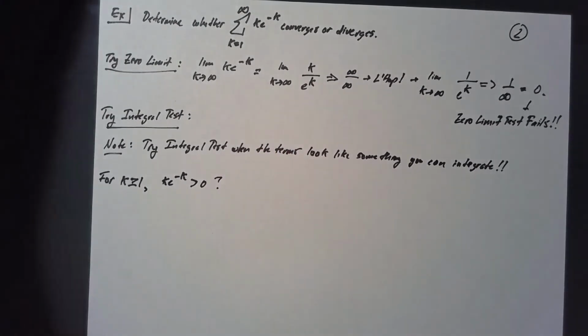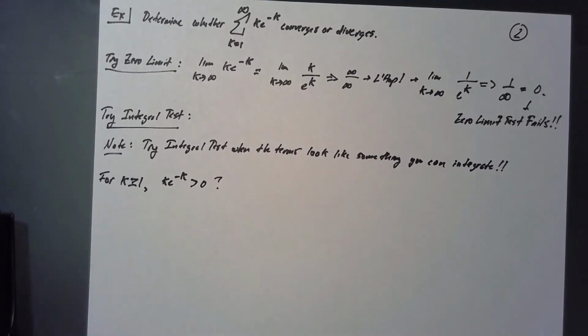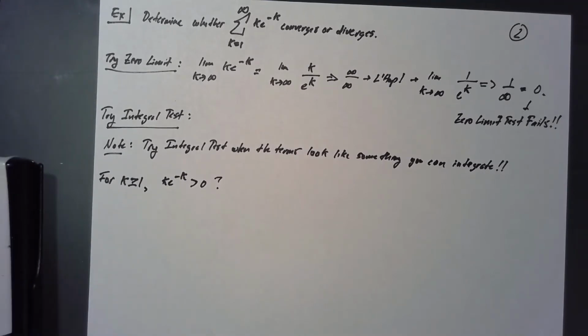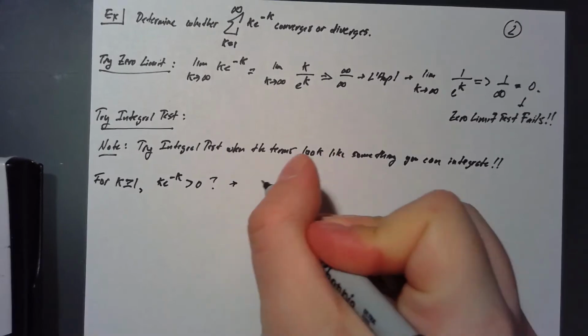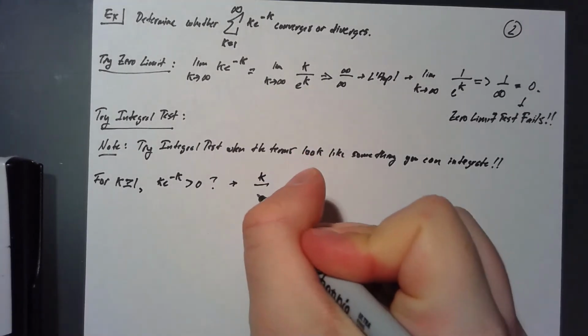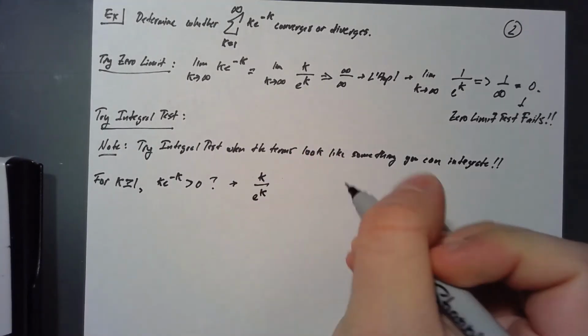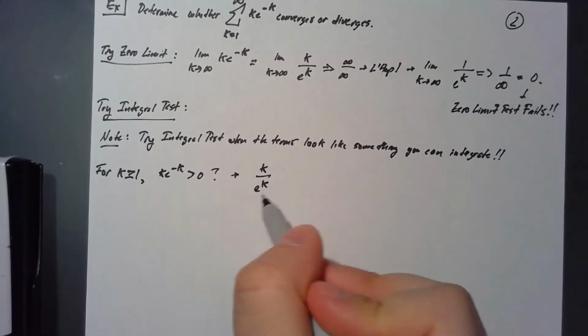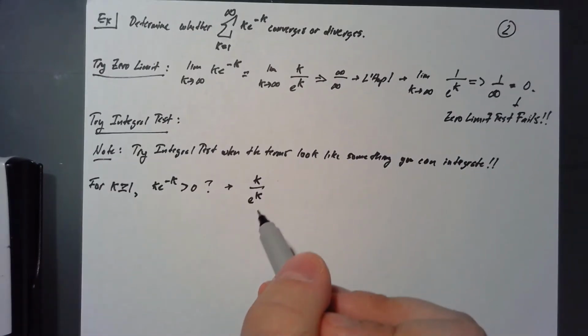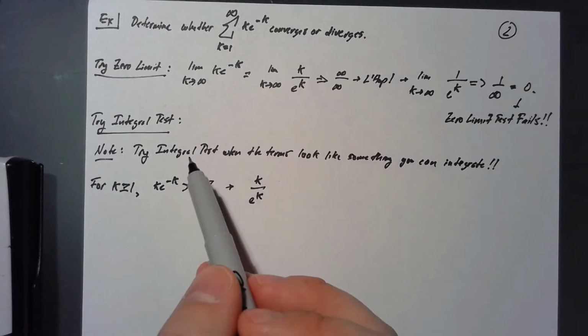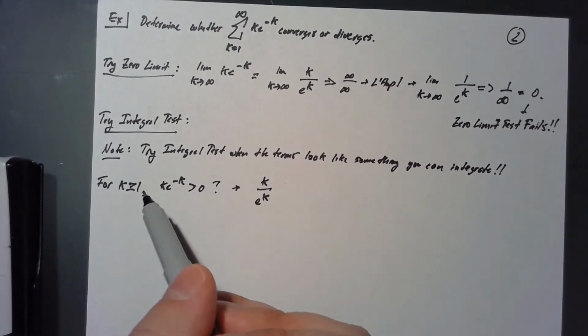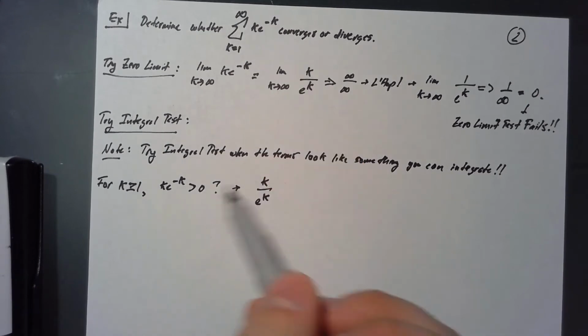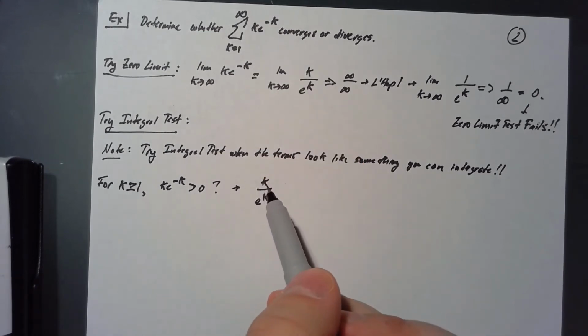Well, I could rewrite this as k over e to the k. Now, how do I know this is always positive? If you just look at the values of k, k is greater than 1 off to infinity, so that means k is always positive.